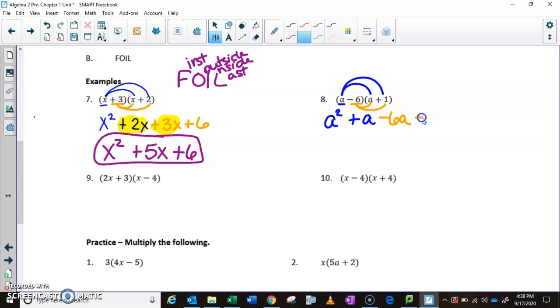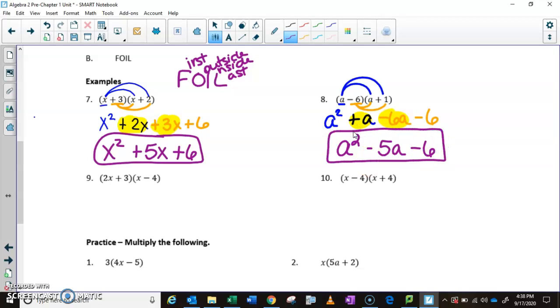Negative 6 times 1 is negative 6. Look to combine any like terms that we might have. So here I have 1a and a minus 6a. I can combine those. So we're going to have a squared, 1a minus 6a is minus 5a, minus 6. So a squared minus 5a minus 6.